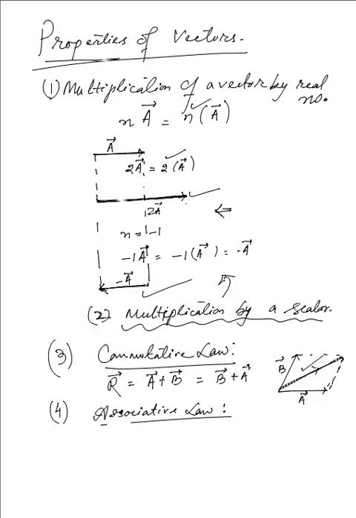As far as that polygon law that we just came across a few minutes previously, we have the a and the b vector, and there they must be having some resultant.